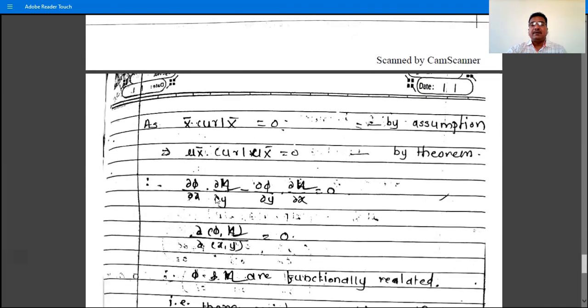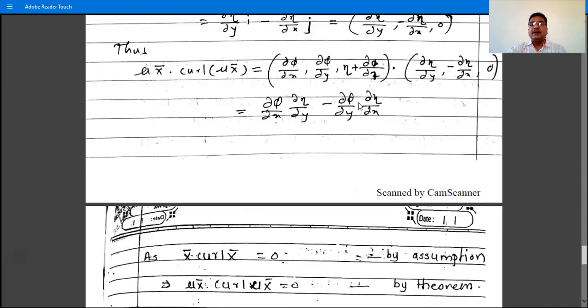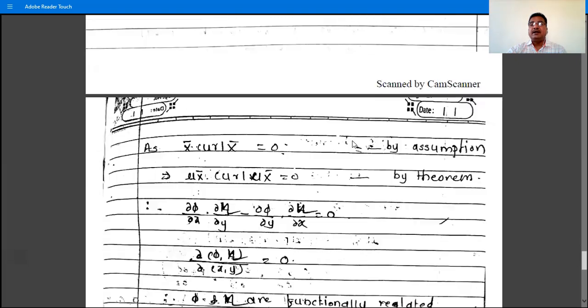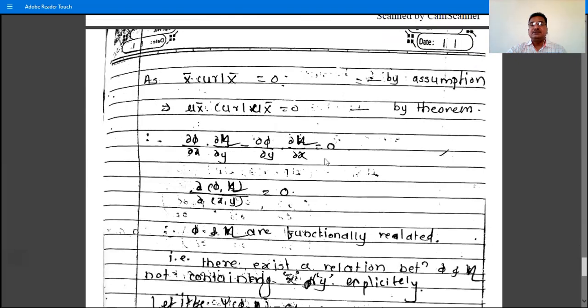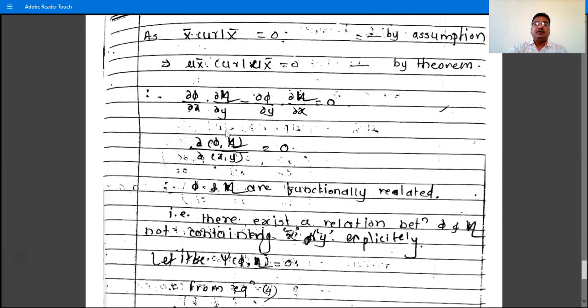What we have is ∂φ/∂x ∂ν/∂y minus ∂φ/∂y ∂ν/∂x is 0, and this is the Jacobian ∂(φ,ν)/∂(x,y).